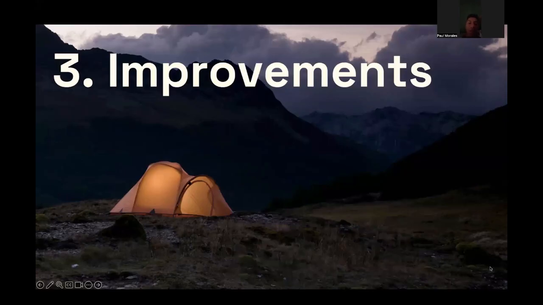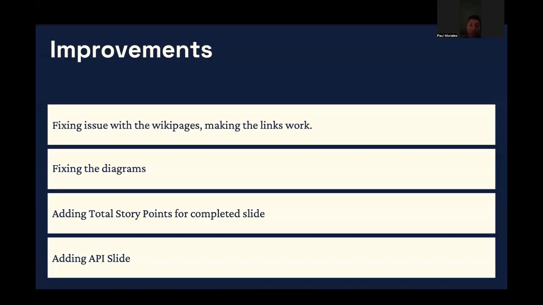So into the improvements. Starting with the improvements, we made a lot of fixes to our wiki page, making links work. Before we had some links that were dead links that didn't take you to anything, so now we fixed those. We also adjusted the diagrams to be a lot more legible for the user.